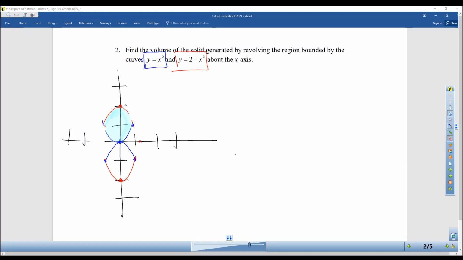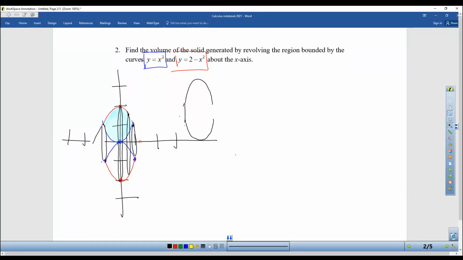Okay, so what does it look like to flip it? So this point is going to come around, and then this point is going to come around, and then this point is going to come around. So when that happens, what do you see? I see this top shape coming around like this, and then it's flat because it doesn't come around all the way until it reaches the axis like that.